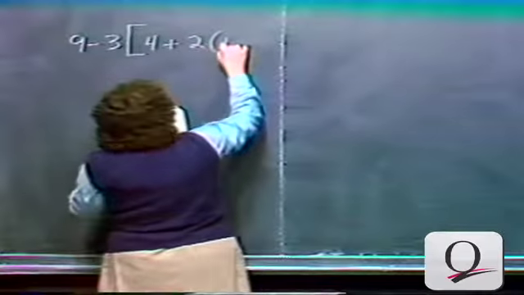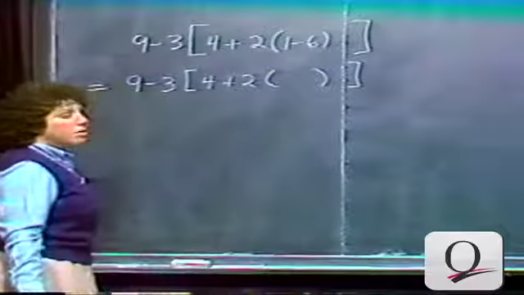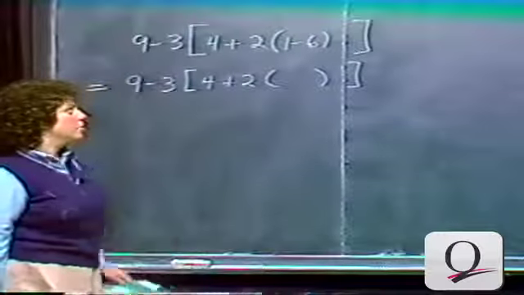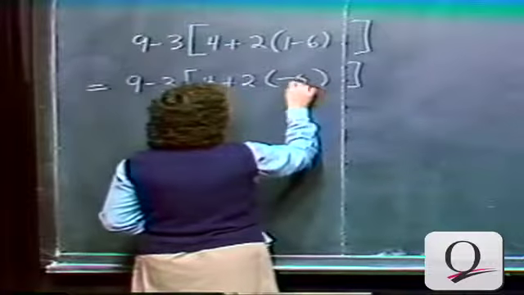All right, that gives us 9 minus 3. We're going to handle the grouping symbols from the innermost out. So first time around, I'm only going to worry about the 1 minus 6. Well, a plus 1 take away a plus 6, or a plus 1 and a minus 6, gives us a minus 5.